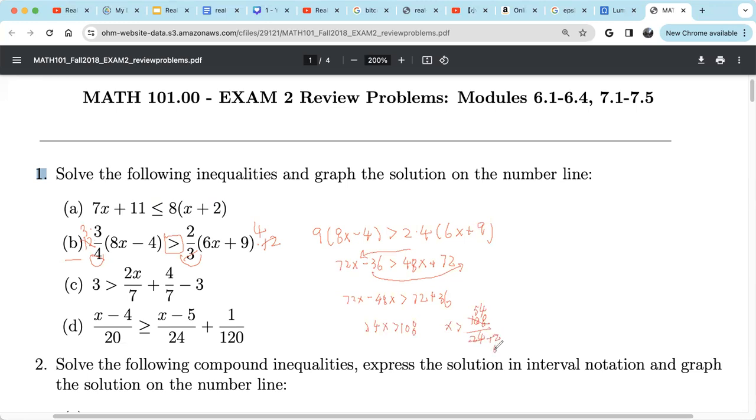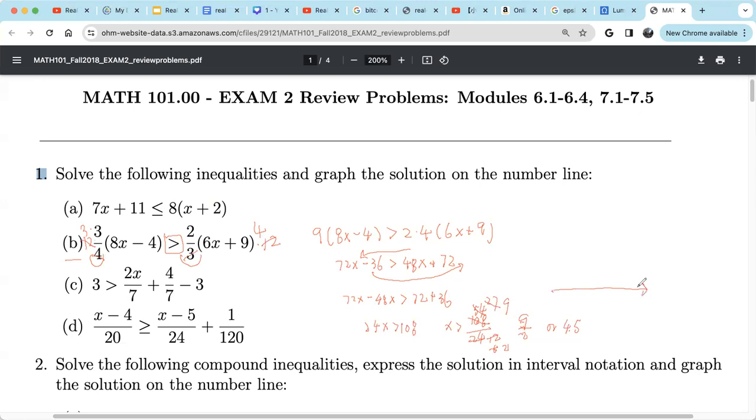Both even, we divide by 2, we get 27 and 6. Now we divide by 3, we get 9 and 2. So 9 over 2, or, if you like decimals, 4.5, right? So x is greater than 9 over 2.